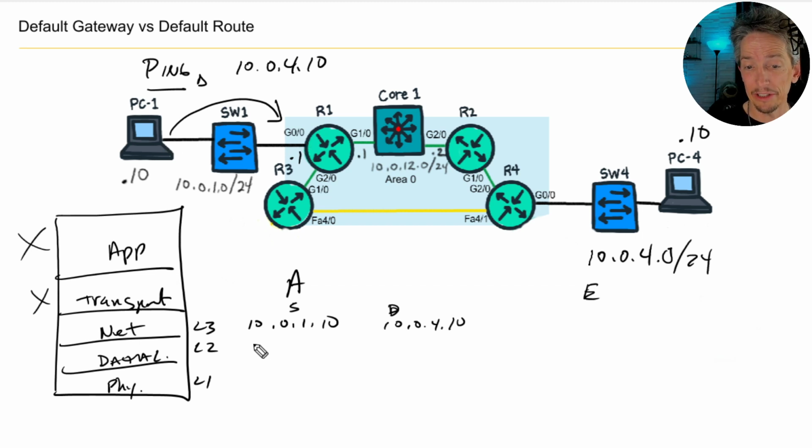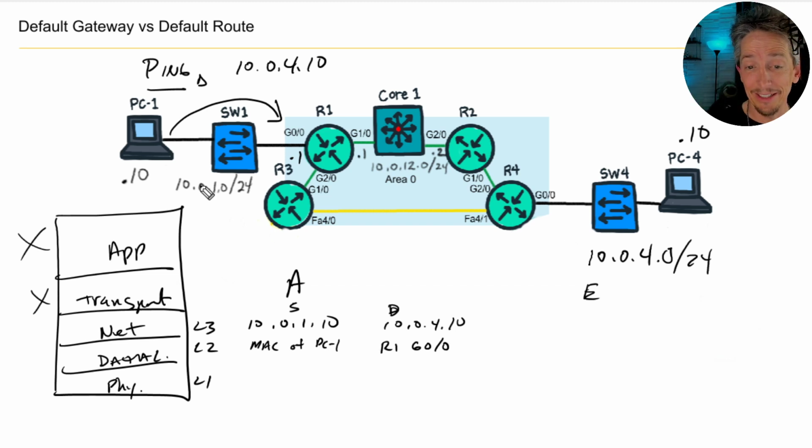So at layer 2, it would look like this. The source is the MAC address of PC1, whatever that happens to be, that 12 hexadecimal character address, which is 48 bits in binary. The destination for the layer 2 address would be the default gateway, so we'll put R1 gig 0/0. And you can thank me later for not writing in all 48 bits or even the 12 hexadecimal characters.